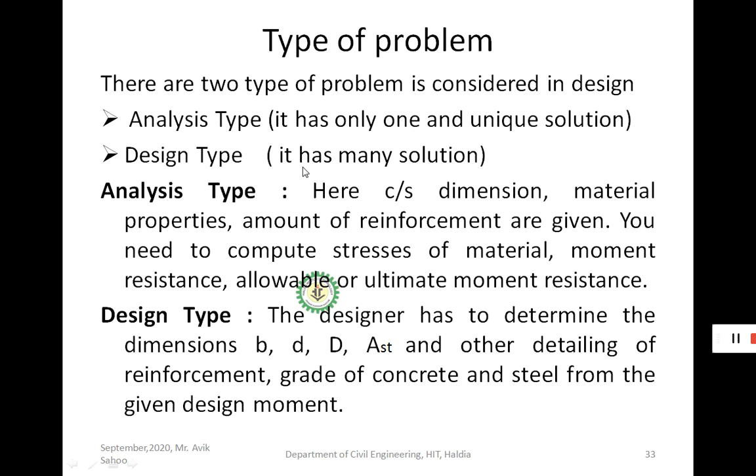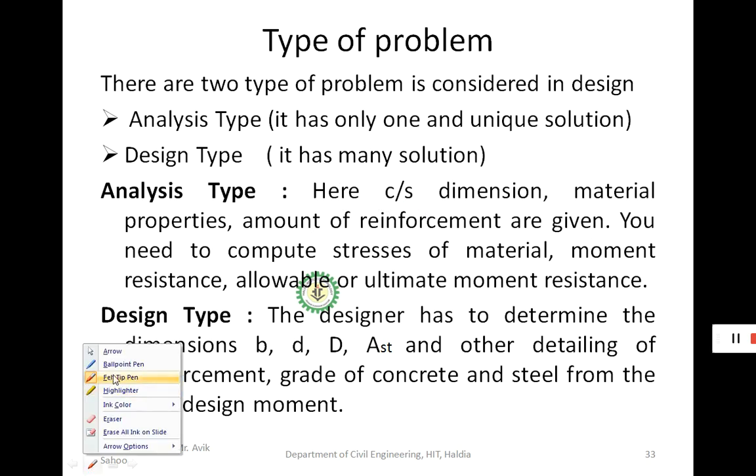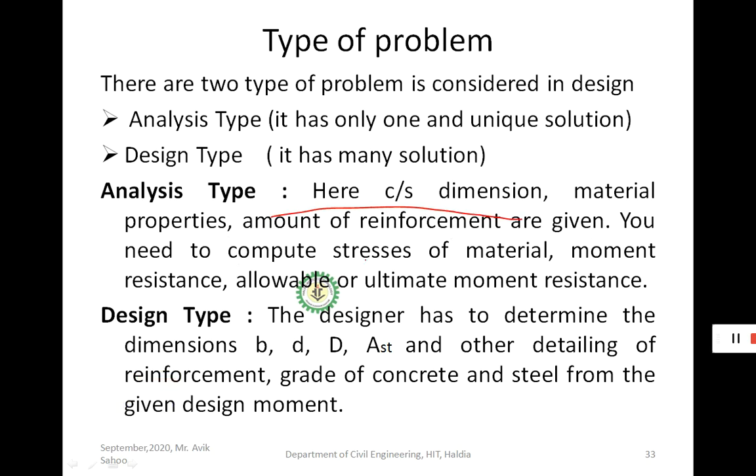You may consider different sections and different materials, which are not given in the problem. That's why a design type problem has many solutions. In an analysis type of problem, the data given are cross-sectional dimensions, material properties, and the amount of reinforcement, and you have to compute the stress of the material, the moment resistance and the allowable moment.